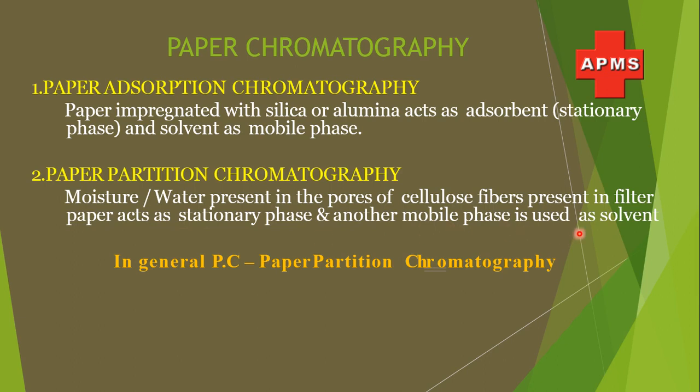Here the mobile phase could also be used as solvents. In general, the paper chromatography which is highly used is paper partition chromatography, where the water is present inside the pores of cellulose fibers in our used filter papers.